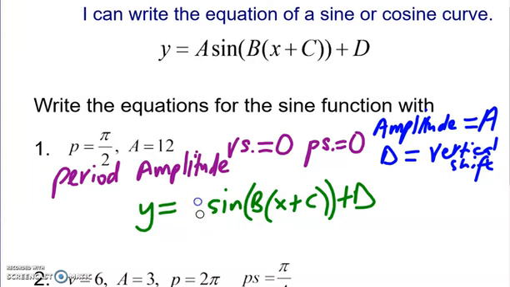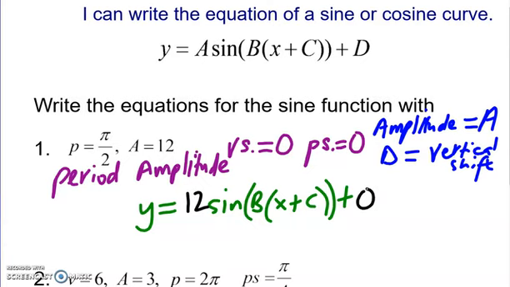Okay, so the a value I can see is 12. So let's just replace that with 12. Then d is a vertical shift. I know that is 0. So I'm going to replace the d value there with 0.